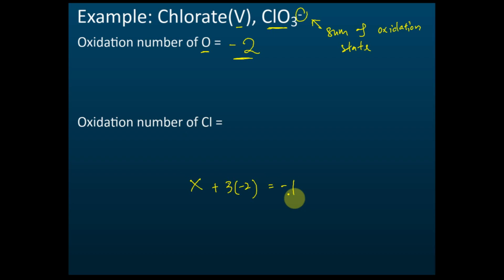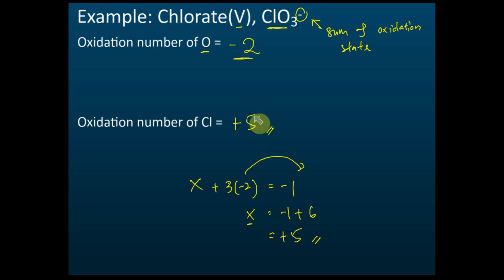So now we have built a linear equation, and from it we can find the value of X. X minus 6 is equal to negative 1. Moving this to the other side, it becomes plus 6, and therefore X is equal to +5. X is the oxidation number of chlorine, so the oxidation number of chlorine is +5.